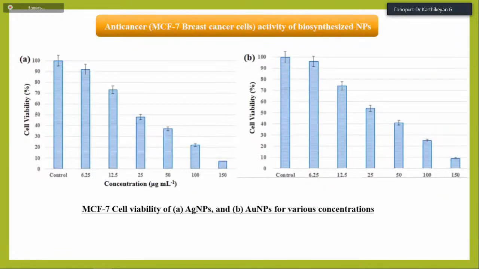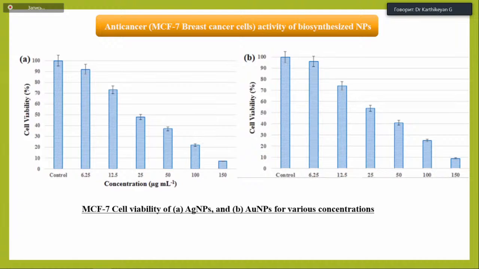The next biological property studied was the anti-cancer property against MCF7 breast cancer cells for the biosynthesized silver and gold nanoparticles. The cell viability was checked and compared to the control system. It was about 91% at 66.25 micrograms per milliliter.